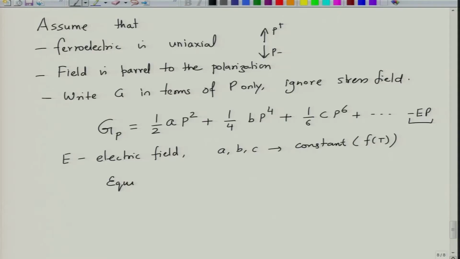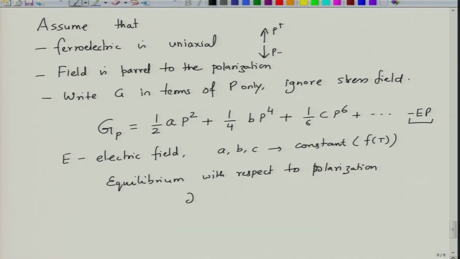And let us say you want to now find out where is the minima of energy with respect to polarization. So, equilibrium with respect to polarization is achieved by minimizing the free energy.